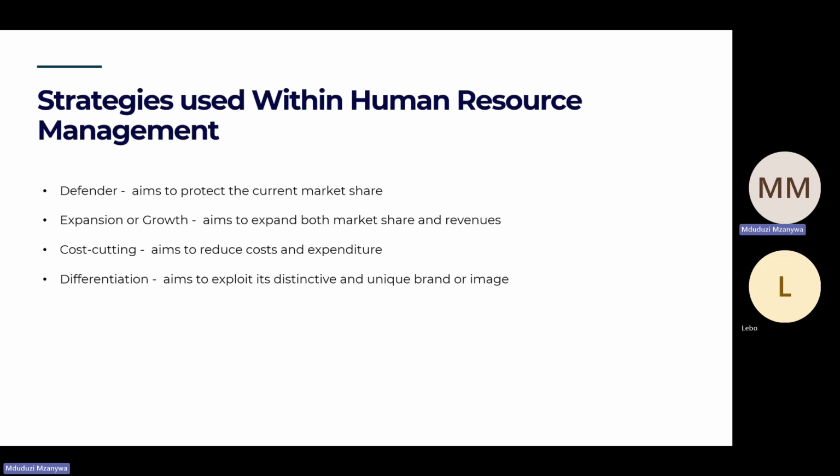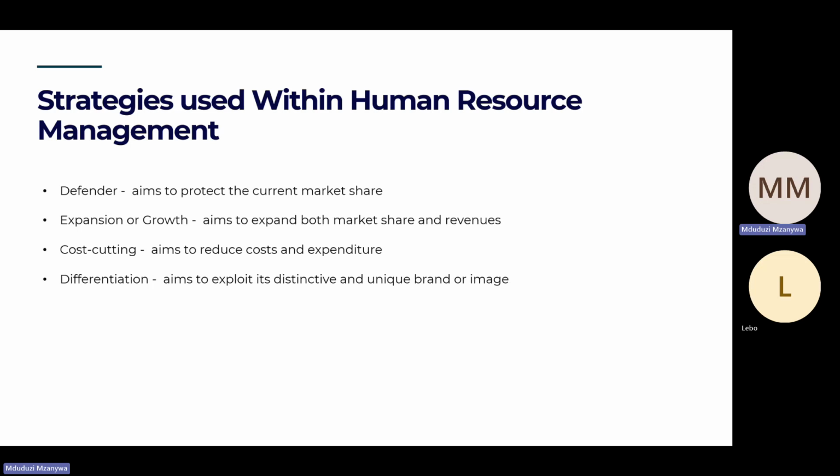Your pay systems would need to change. In terms of remuneration and rewards, you might need to offer them specialized fees or specialized money. So this would definitely mean HRM is affected, and HRM that works is one that is aligned to the strategy of the organization.